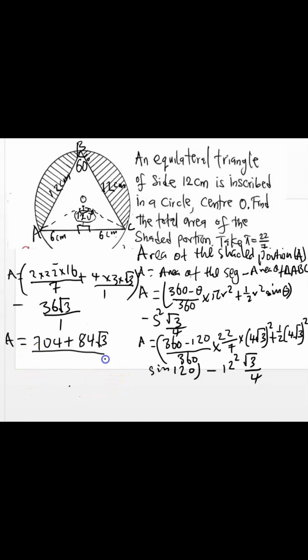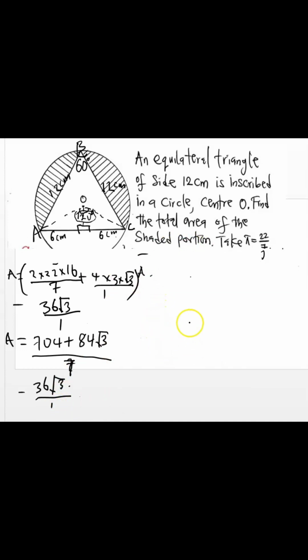So all this divided by 7. Now minus what we have here is 36 root 3 over 1. We can get rid of this so that we continue from there.